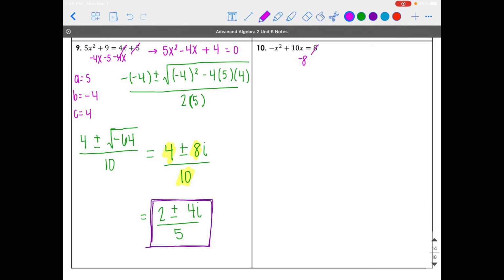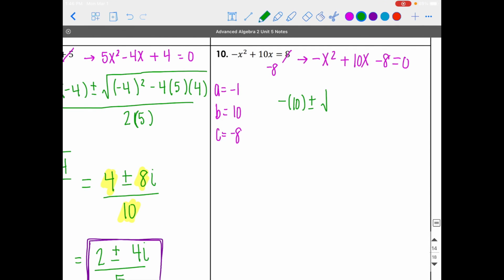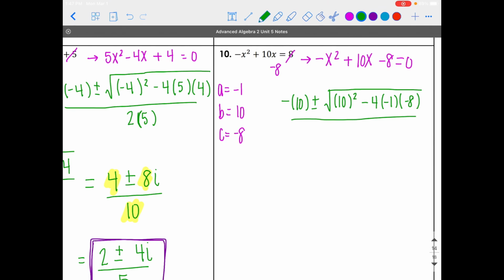Last question, we need to subtract the 8. So it becomes negative x squared plus 10x minus 8 equals 0. The a is negative 1, b is 10, c is negative 8. So negative b plus or minus the square root of b squared minus 4 times a times c, all over 2a.